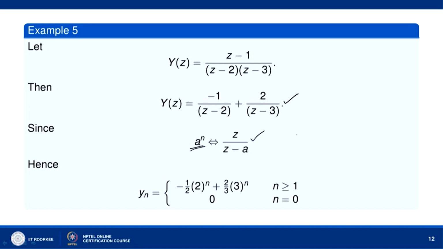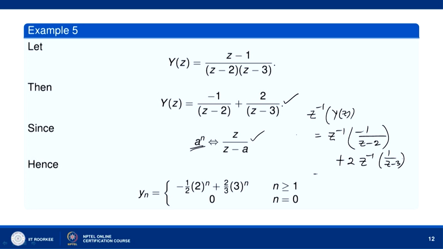So, the inverse Z transform of X z will be Z inverse of X z, as we have just now done by using the delay property. So, Z inverse of minus 1 over z minus 2, plus 2 times Z inverse of 1 over z minus 3. Okay.